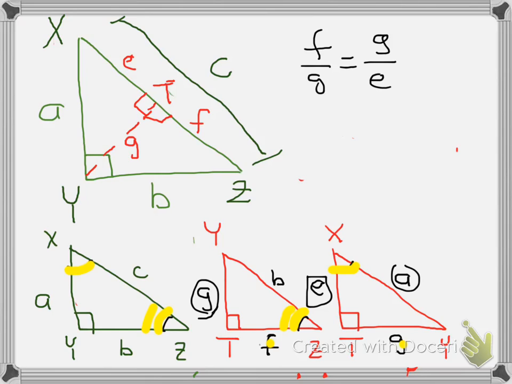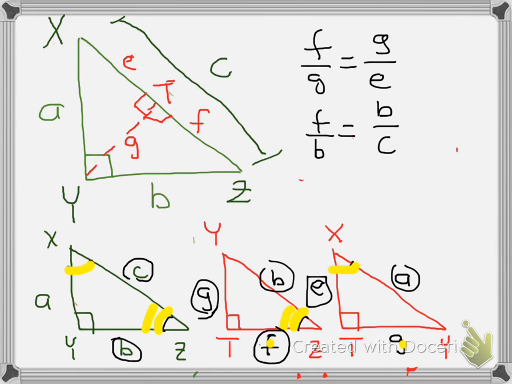Okay, let's write a couple more that we can do in that way. If we use the first triangle and the second triangle, I can say that F over B, which would be its corresponding part, is equal to B over C. And one more relationship I want to point out.